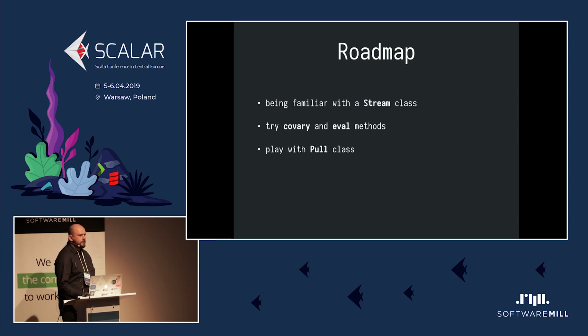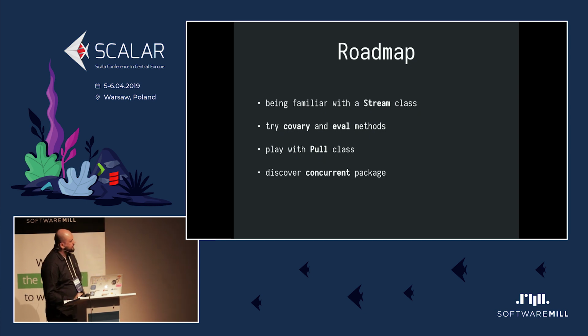Then play with the Pull class, create your own operators, because this is crucial if you want to fully control the processing of data. There are a lot of situations when you cannot do this with the normal methods that exist in the FS2 library, so you need to write your own.